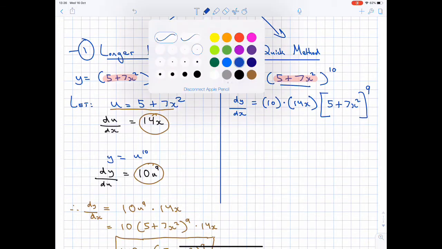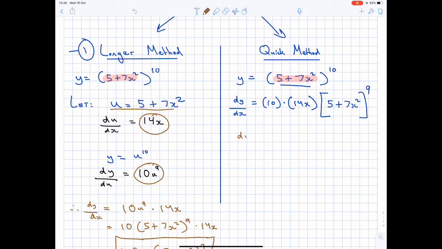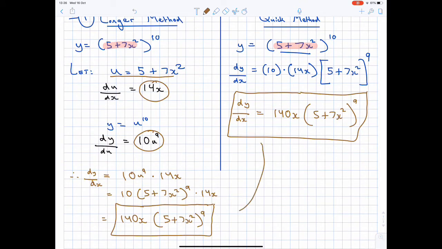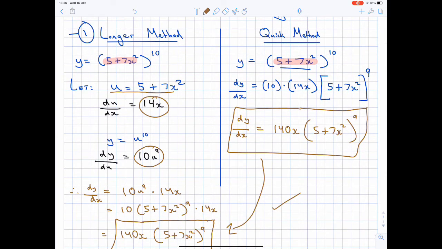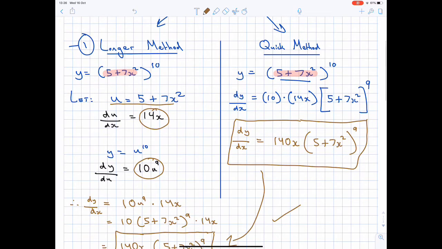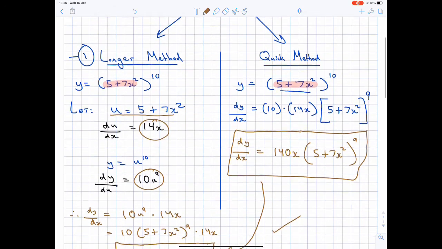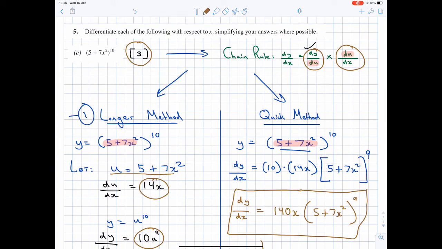Now we can simplify this, so we get dy by dx equals 140x in front, the inside still stays the same, and the power is 9. What you can see is we've obtained the same answer, but in a much shorter method, which may be more efficient in the exam. So that's how you differentiate this question by the chain rule, and I hope that was helpful.